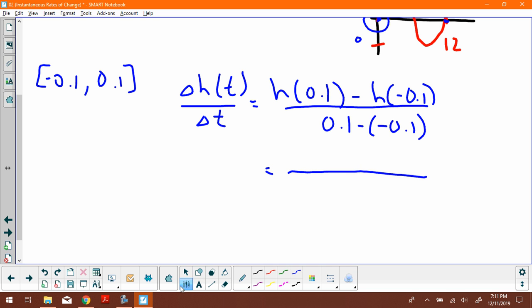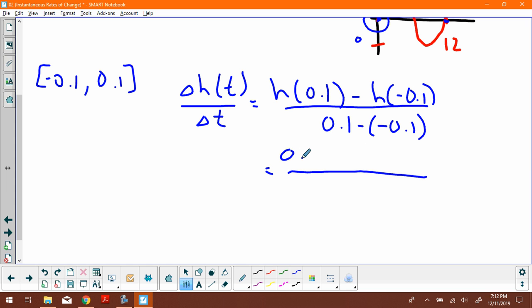Okay, let's see what we get. And again, if you're following along on your calculator, make sure you're in rad mode. Make sure you're in radians in order for this to work. So 6.5 sine pi divided by 6 times 0.1. Now to keep this accurate, I'm going to use a bunch of decimal places here.